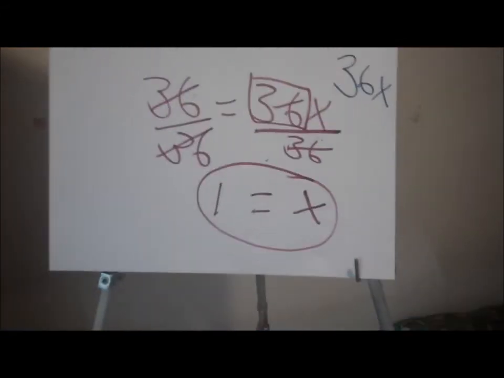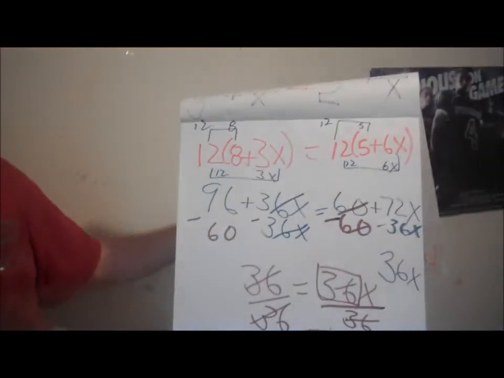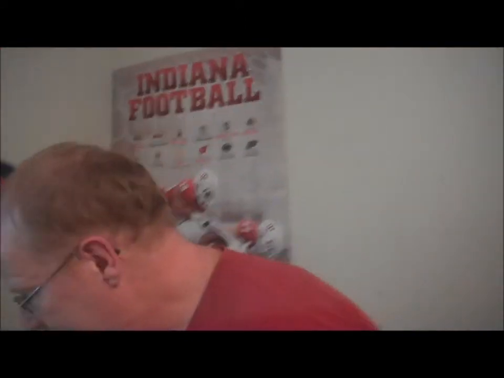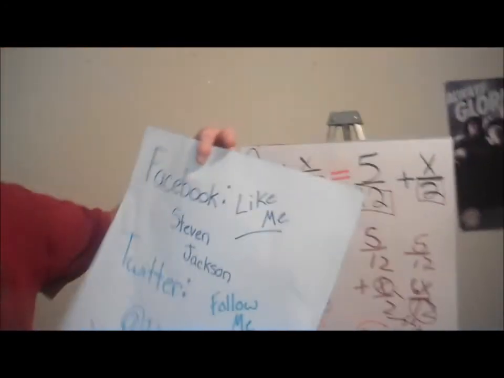So ladies and gentlemen, we took a very ugly problem. We identified several common slices. Our solution is 1. We can go back and put 1 in the original equation, and that will be a true statement every time.